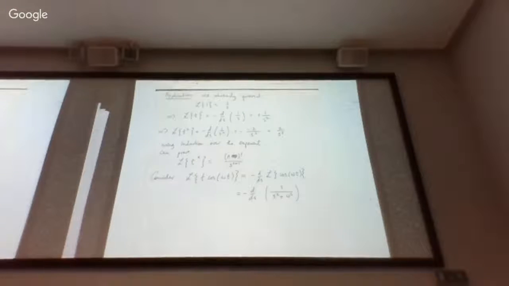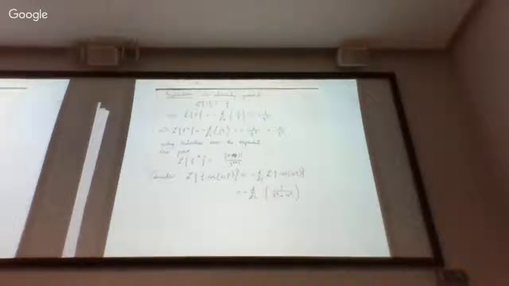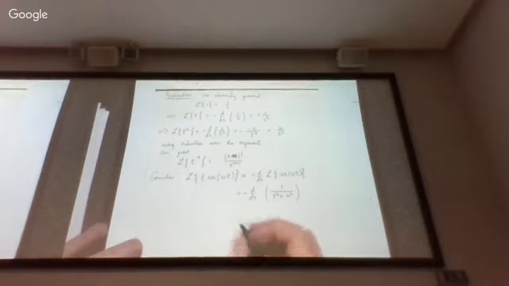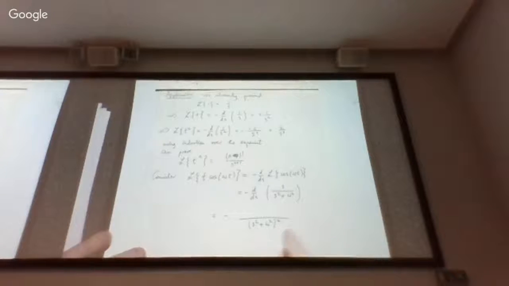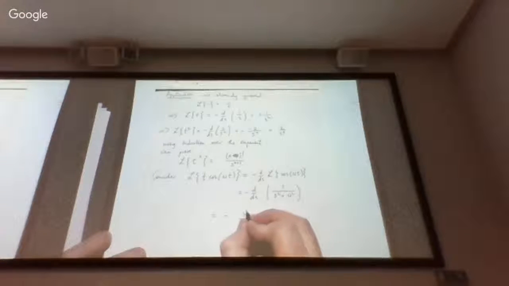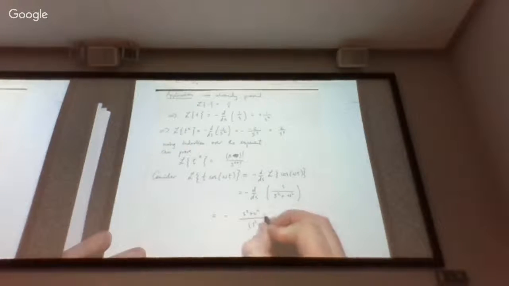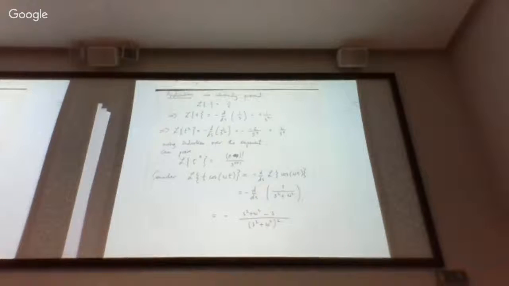Okay, well that's s over s squared plus omega squared. You can use the quotient rule to differentiate that. The denominator is going to be s squared plus omega squared, all squared. And the numerator is s squared plus omega squared minus s times the derivative of the denominator with respect to s, which is 2 times s.